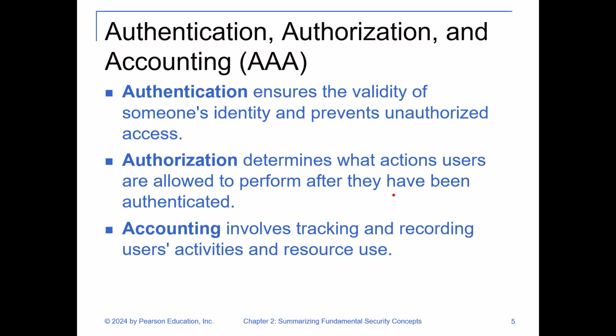Once you've been authenticated and you are able to provide the validity of your identity, what can you do? That's authorization. What actions are you allowed to do once you've been authenticated? And then accounting is tracking and recording all of the activities that you've done. A bank statement, for example. You go to the bank, you put your debit card in, you type in your number. The debit card, something that you have.